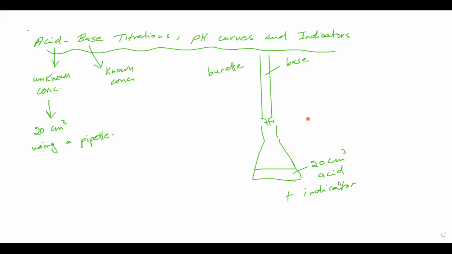It doesn't matter. But because both of them are colorless, we have to add an indicator, and the indicator is a substance, usually a weak acid, that will change its color. It has different colors in the acid and in the alkaline medium. So up till now, we only took two indicators, the methyl orange and the phenolphthalein.